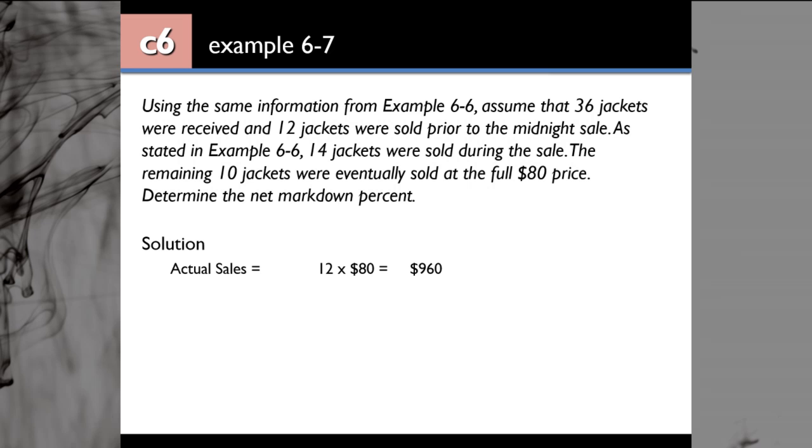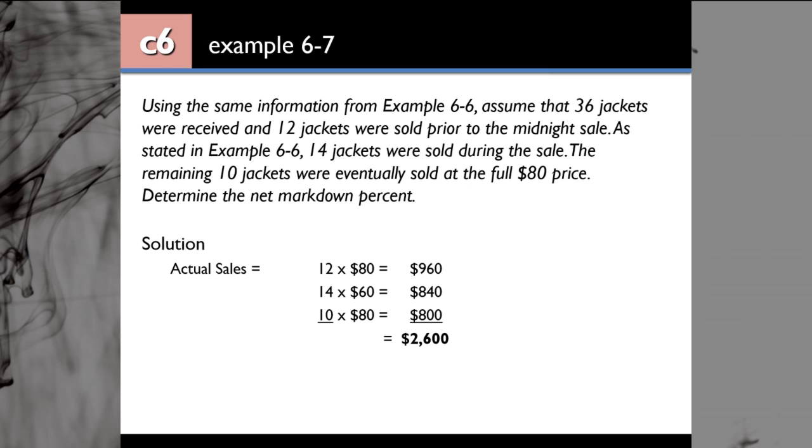And you have how many jackets during the sale, 14 multiplied with the 60, that is 840. And after that the markdown was canceled, 10 jackets were sold at the original price, so 10 multiplied with 80. And your actual sales, you're gonna combine all these, and you will get 2,600.